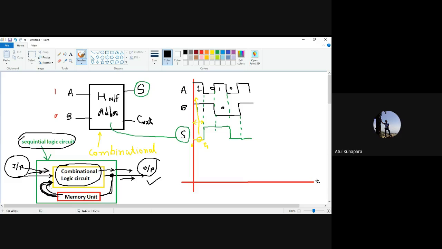That's why logic gates are the smallest unit of your combinational circuit, from where you start developing the whole combinational circuit.